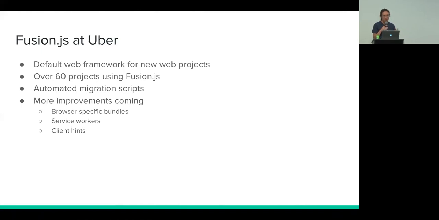We can do that for different browsers, and make it pretty granular. This is something we're interested in providing. It's going to be useful for consumers, because if you have 100 projects and an optimization at the level of the framework, then just by pushing a new version, everybody can benefit from that. We're also working on service workers. We've got a proposal out for doing client hints and some other interesting things also.